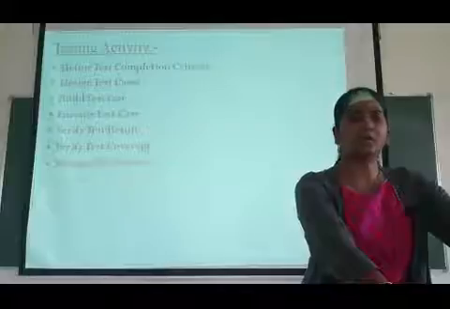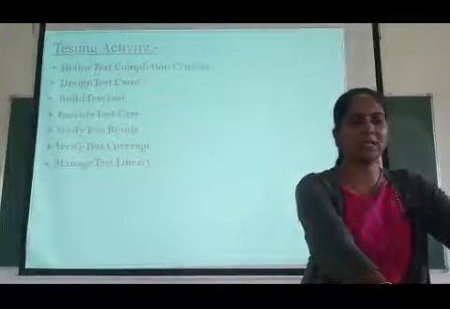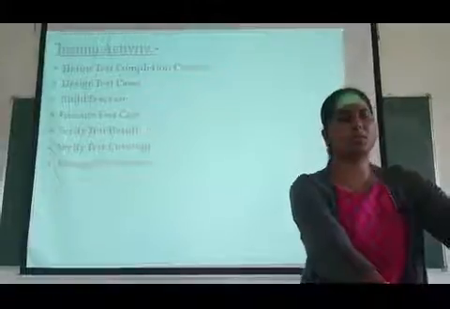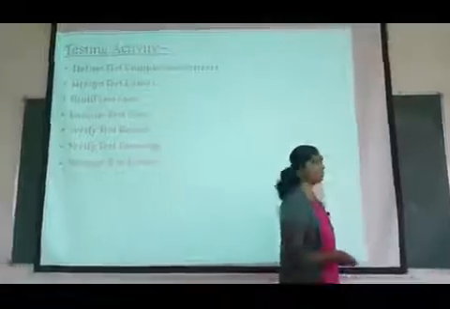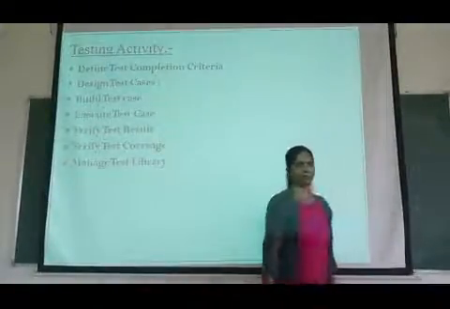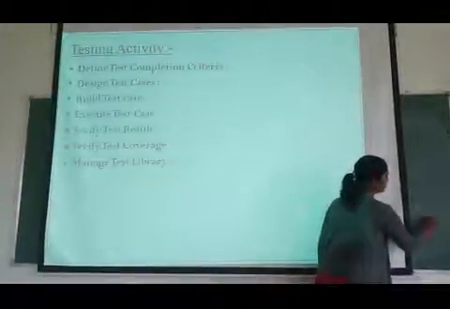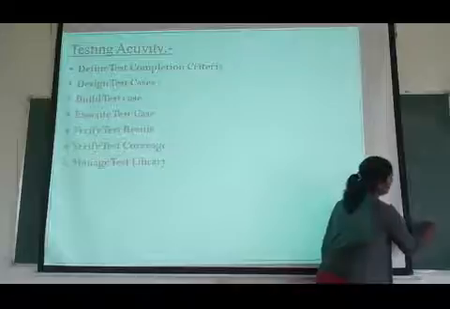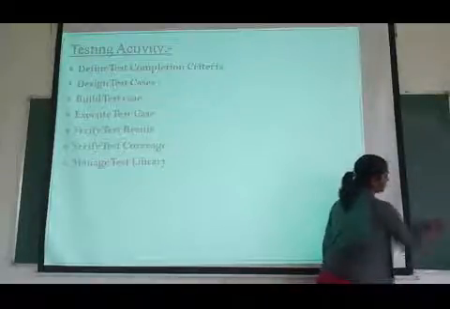Now what does that mean? It is nothing but checking whether the actual results deviate from the expected ones. What does verifying mean? Suppose the user wants the result as 5. Now how should this 5 be achieved? 2 plus 3, 4 plus 1, or 6 minus 1.